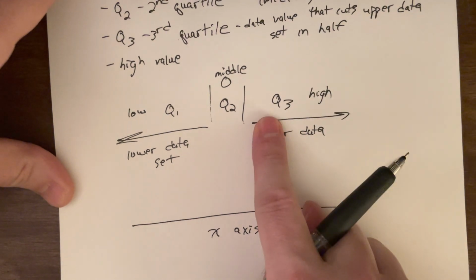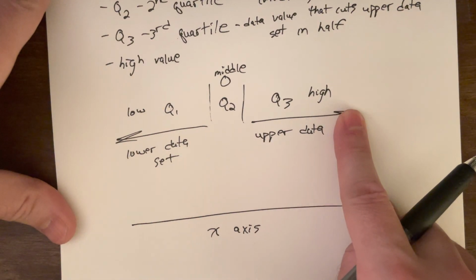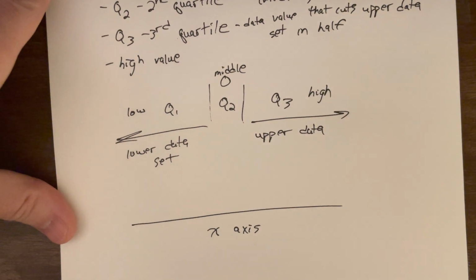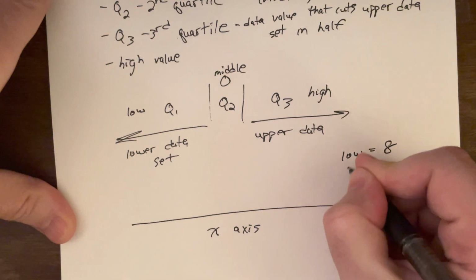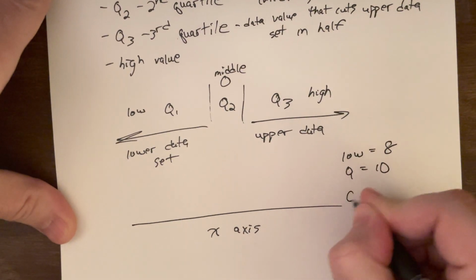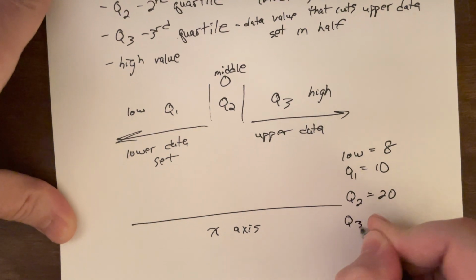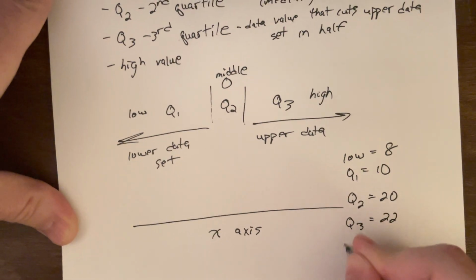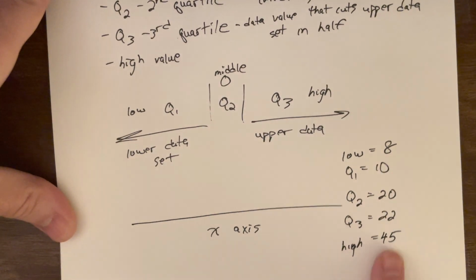But when we actually find these numerical values, they're not always going to be equally spaced apart. So let me just make up some numbers for this first one. Let's pretend the low value is 8, the Q1 is 10, Q2 is 20, Q3 is 22, and the high would be 45.